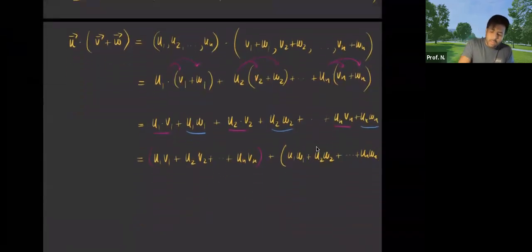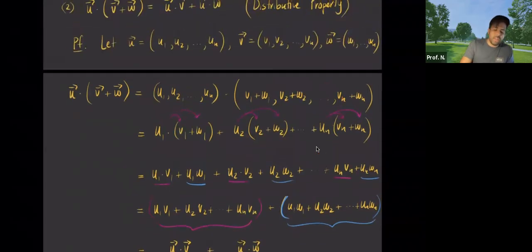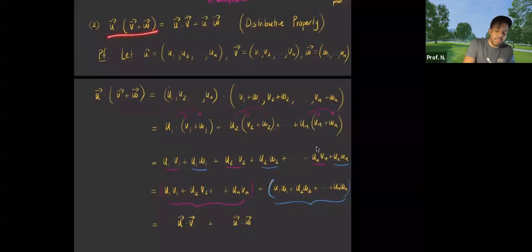But then what is this here? This is the dot product of U with V. And what is this one here? That is the dot product of U with W. And I just showed that the property holds. With simple algebraic steps, the left-hand side shows you that the right-hand side holds. And so we're done with the proof.